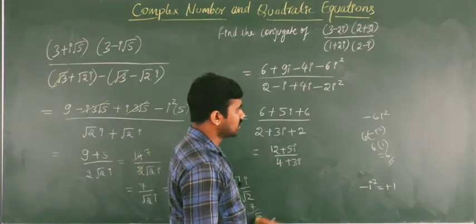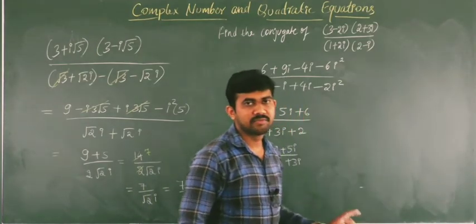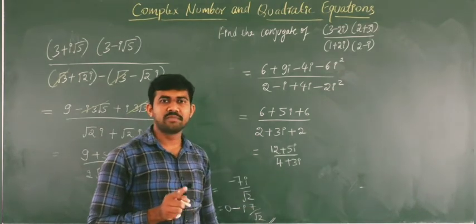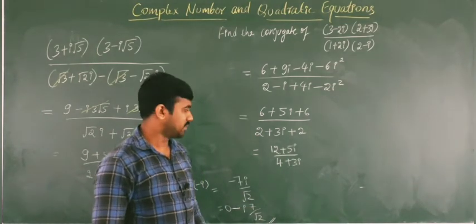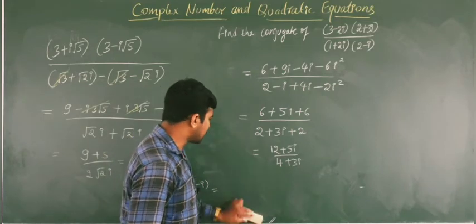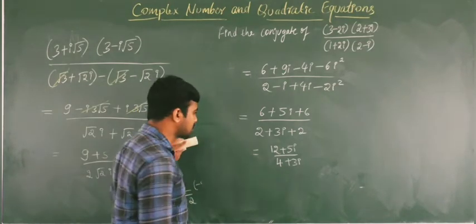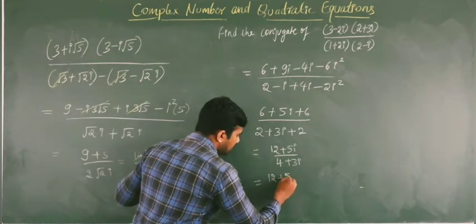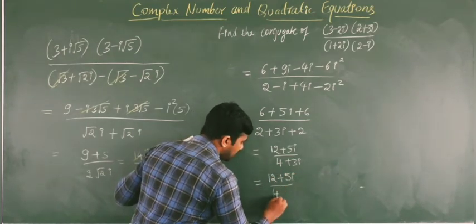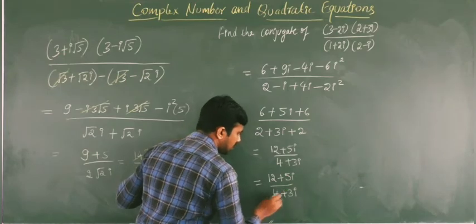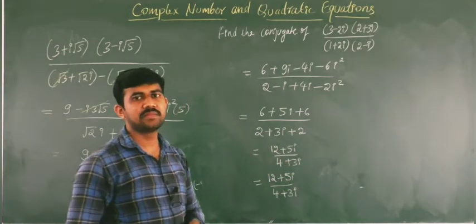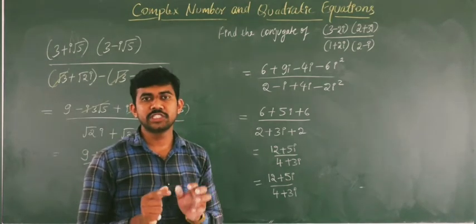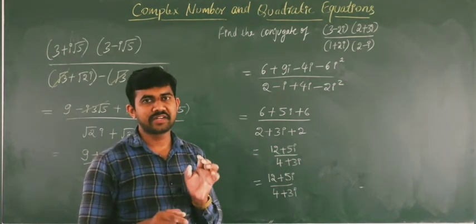Okay, so this is not in simplified form, it is in the form of a quotient of two complex numbers, or division of two complex numbers. Now to simplify this, what we have done in division of two complex numbers is multiply and divide by the conjugate of the denominator, without affecting the result.